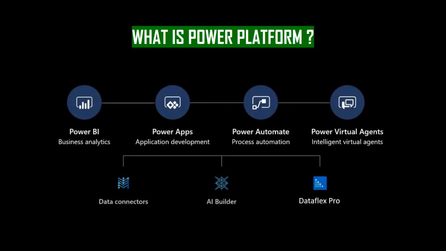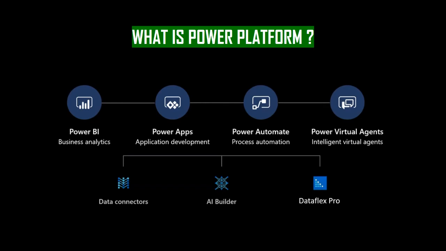Yeah. So let's look at what is Power Platform. Power Platform basically is the single low-code development platform for Microsoft across Office 365, Dynamics 365, Azure, and your standalone business applications. If you see in the image, there are 4 major products: Power BI, Powerapps, Power Automate, and Power Virtual Agents.